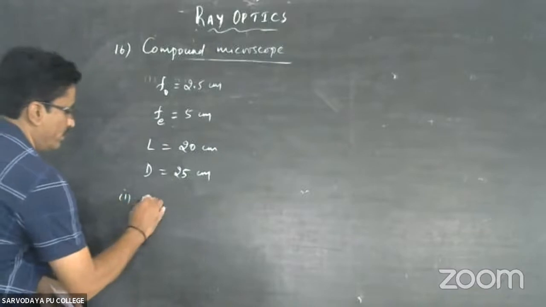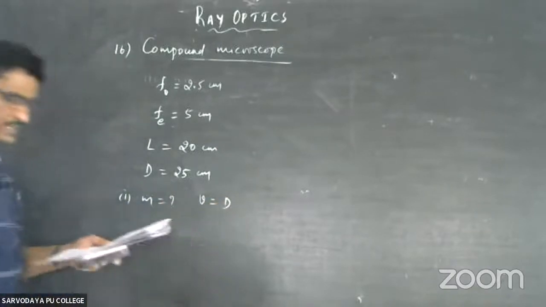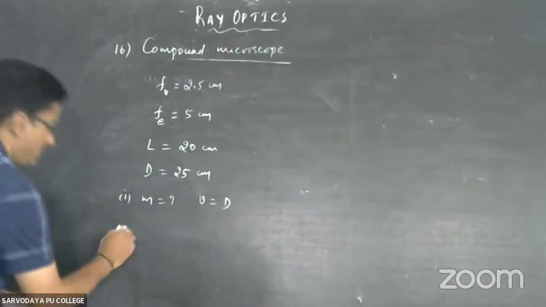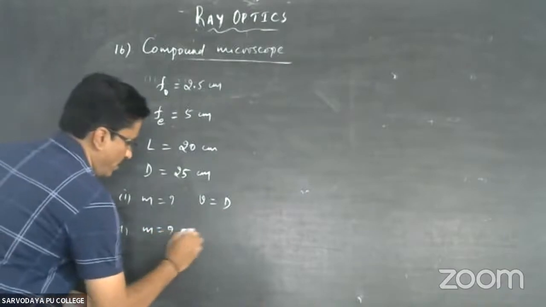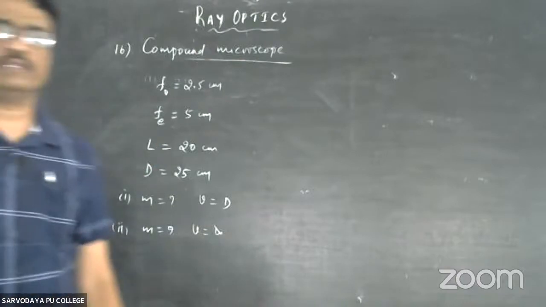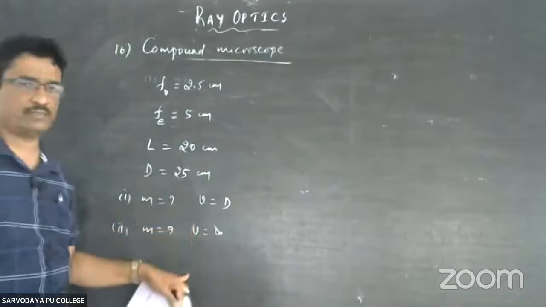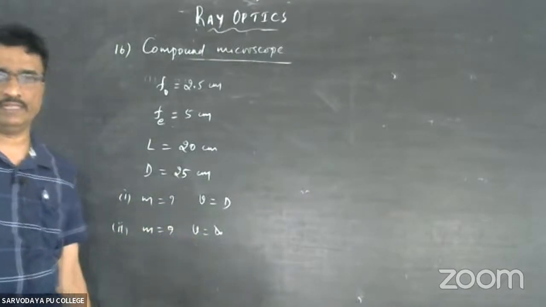The first one, when the image is at D, the least distance of distinct vision. And in the second case, again we have to find M, but now for v equal to infinity. That means in both simple microscope as well as compound microscope, we will come across these two cases: v is equal to D and v is equal to infinity.